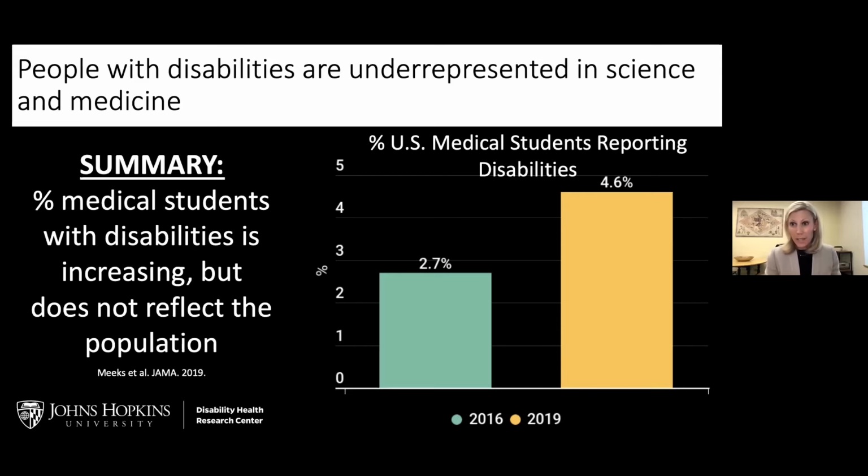While that certainly is great news, that 4.6% is abysmally far below that 26%, that 1 in 4 Americans with a disability. True underrepresentation.